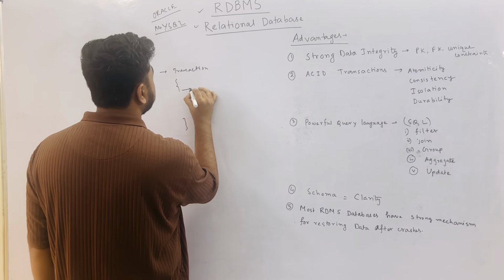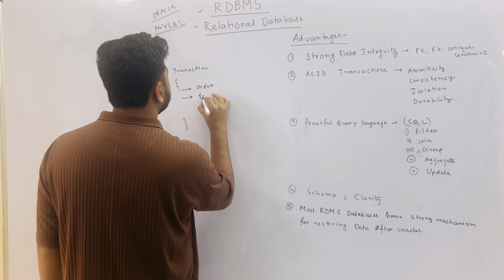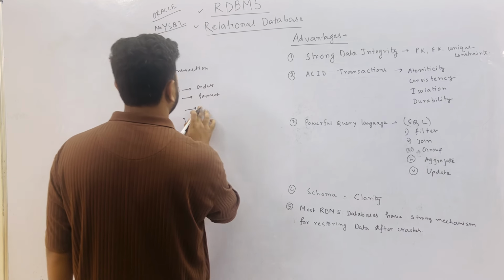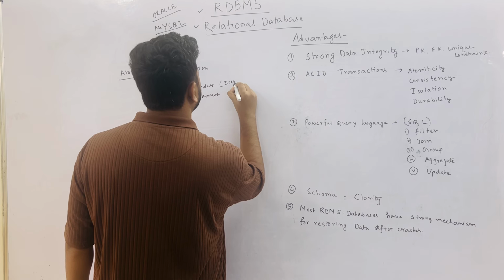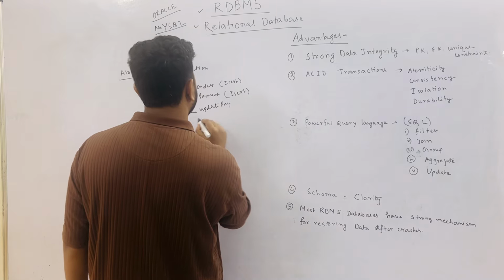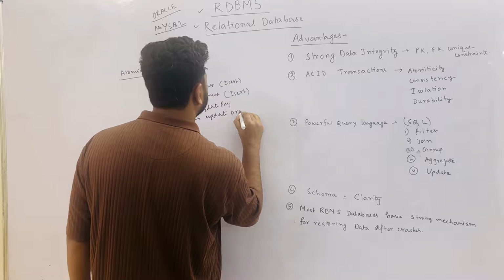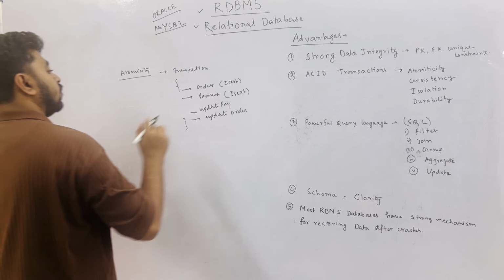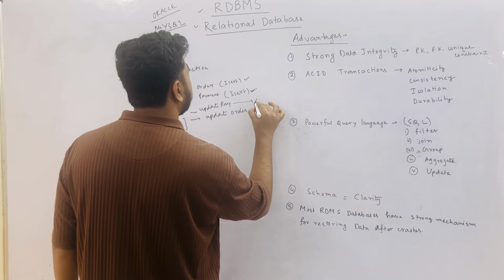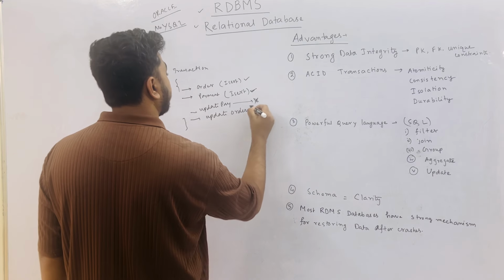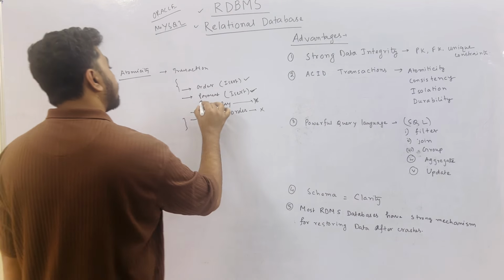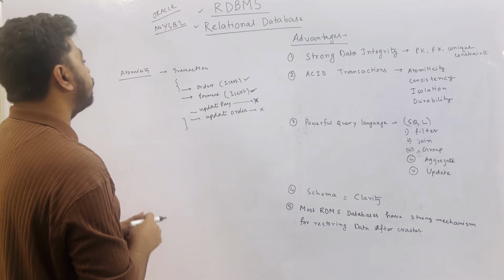Suppose you are inserting the order details in the order table, then you are inserting the payment details in the payment table, then after the payment succeeds, you update the order as successful. Just think: if the order insert query succeeds but the payment query fails, or the payment query succeeds but the payment details update fails, or the order update fails, then only half of this work will be done.